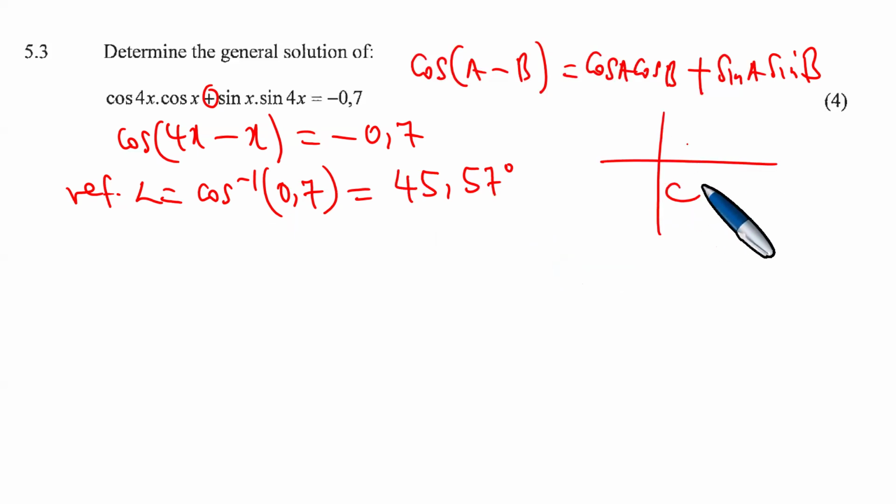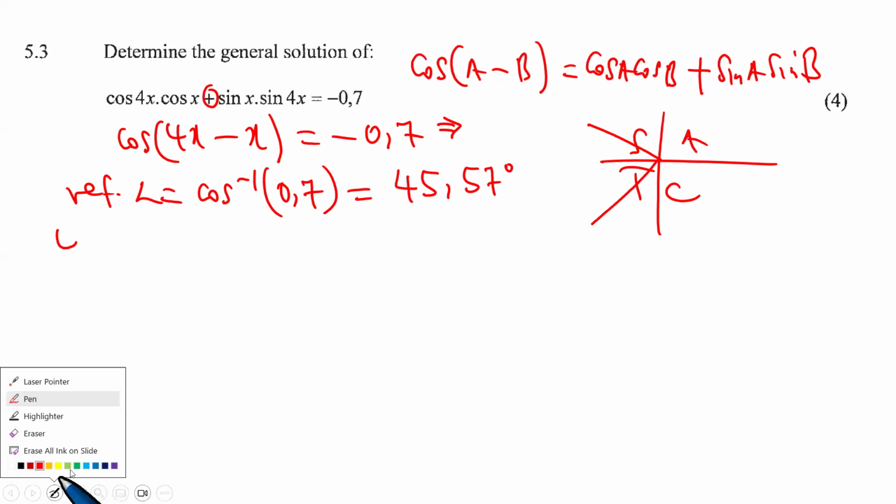Okay, now at this point, remember our Gauss diagram. So the cosine is negative. Where is it negative? It is negative in the second quadrant, but it's also negative in the third. There's something you can do here.